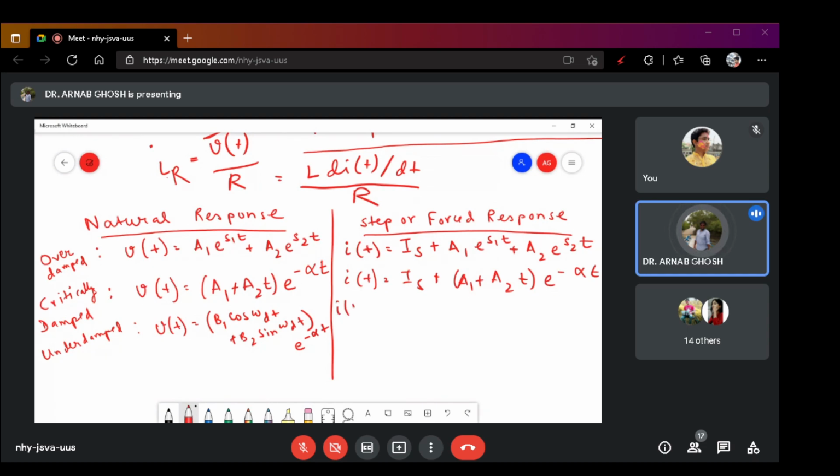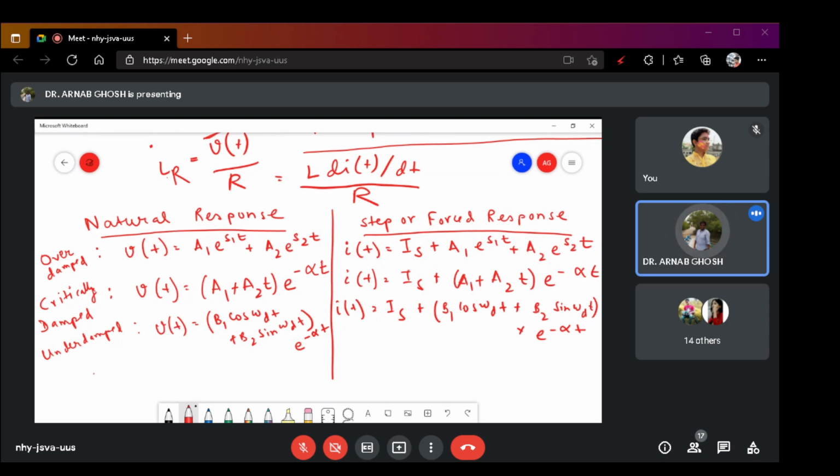And it is the same as Is plus B1 cos omega dt plus B2 sin omega dt multiplied by e to the power minus alpha t.